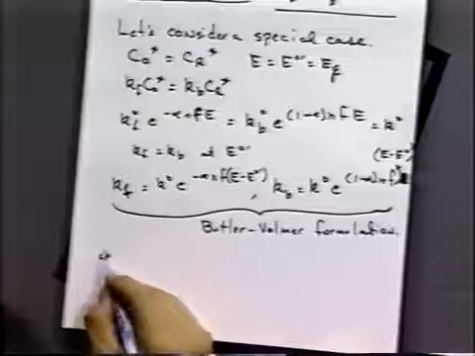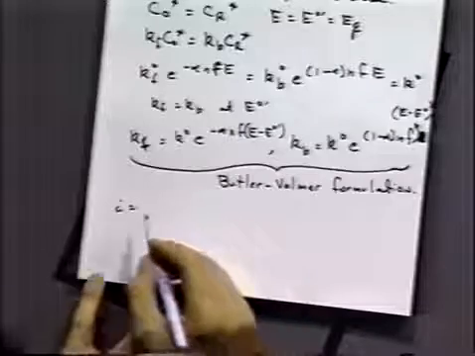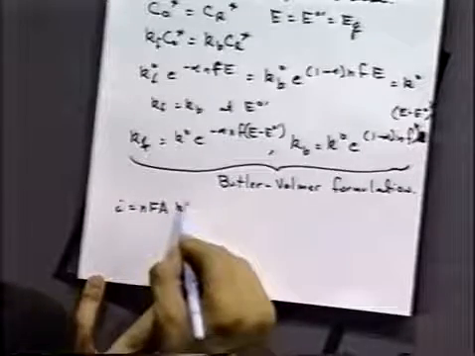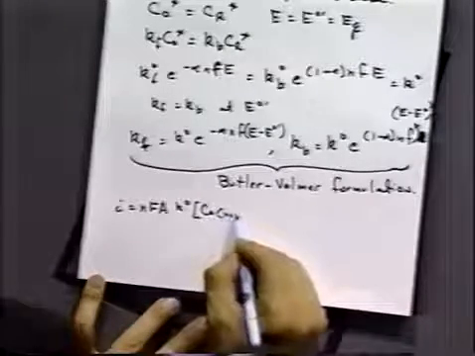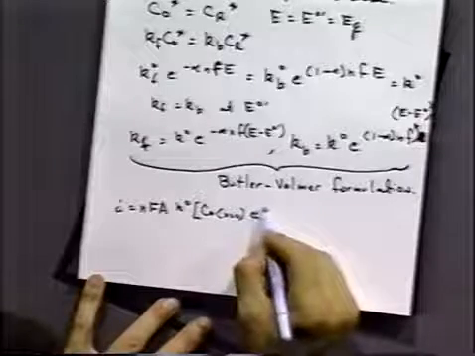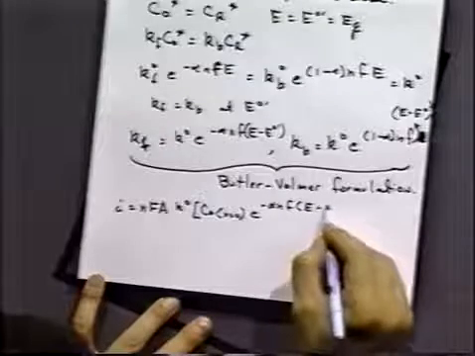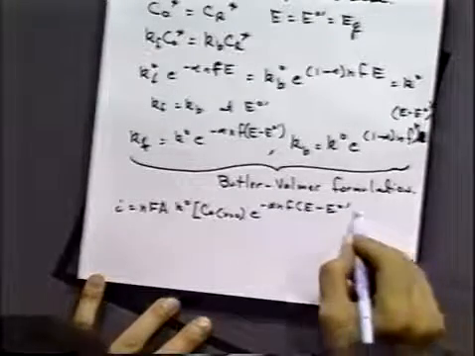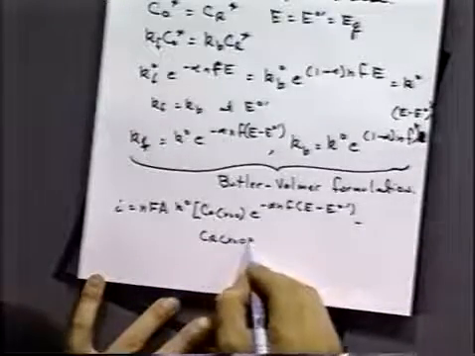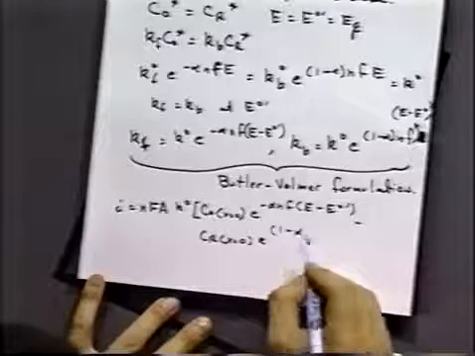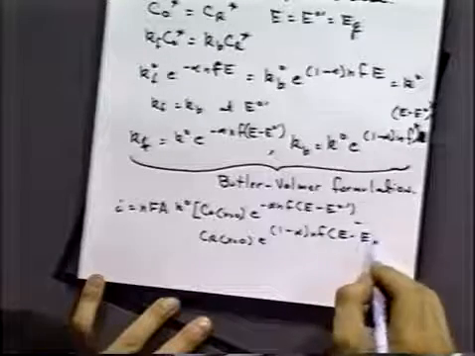And so if we plug in what the current would be, remember the expression we've had before, it'd just be this, NFA, K0, and, okay, that would be minus C sub r, x equals 0, e to the 1 minus alpha NF E minus E0 prime.